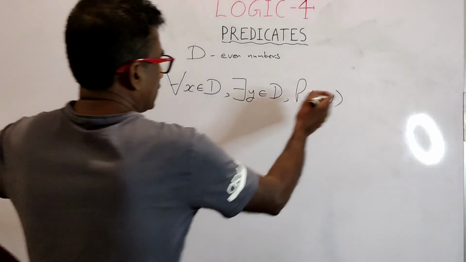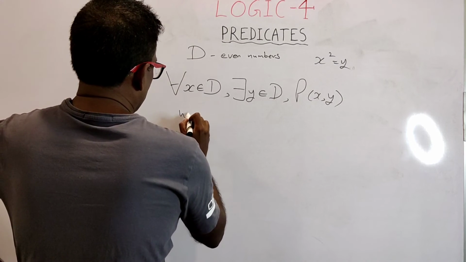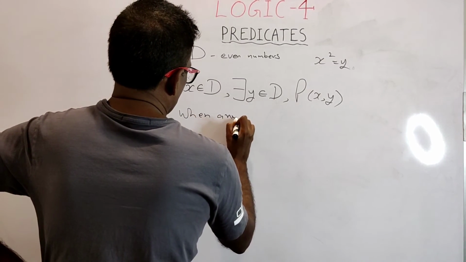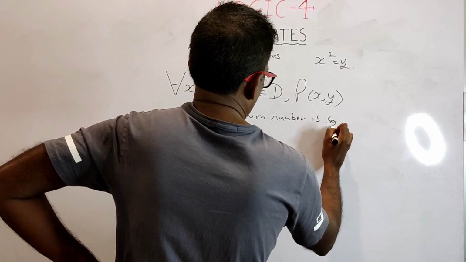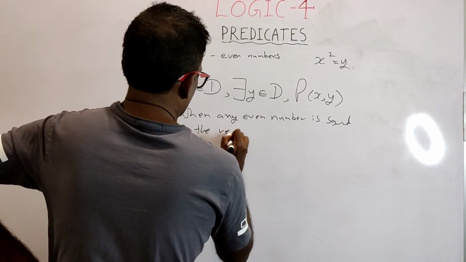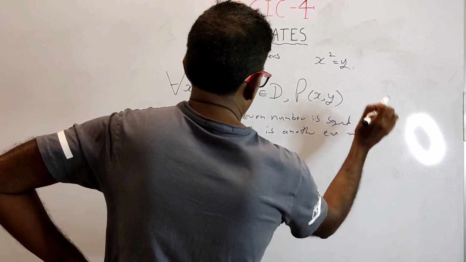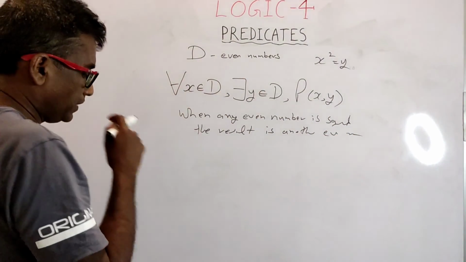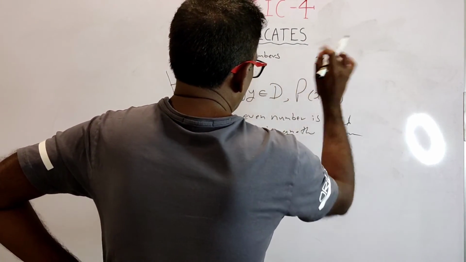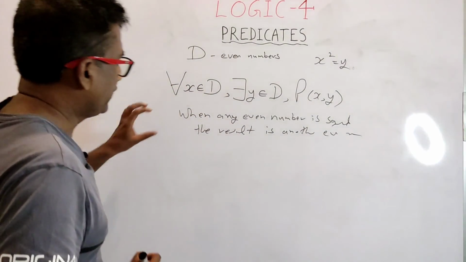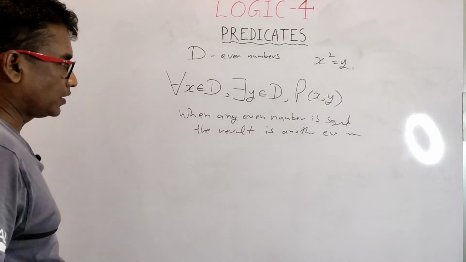Now let the property be x squared equals y. Then we are saying when any even number is squared, the result is another even number. That's what it means. For all x in D, there is a y in D such that P of x and y. When an even number is squared, the result would be another even number.